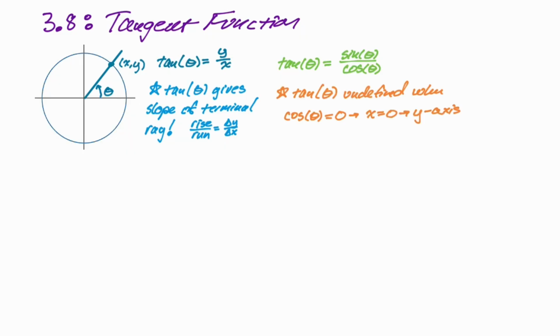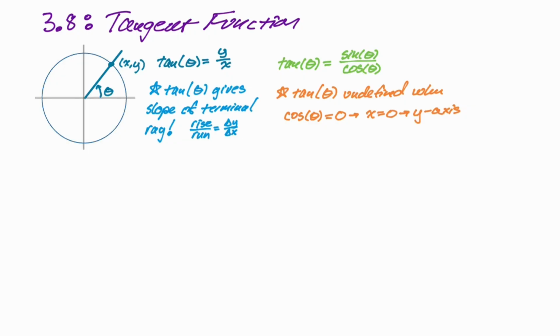I already mentioned it, but sometimes tangent is undefined. It's going to be undefined anytime cosine is 0, because cosine is in the denominator of tangent. And that just means that x on the unit circle would equal 0. If x is 0, you're just on the y-axis. So anytime an angle is on the y-axis, meaning pi over 2, 3 pi over 2, etc., you're going to get tangent is undefined.